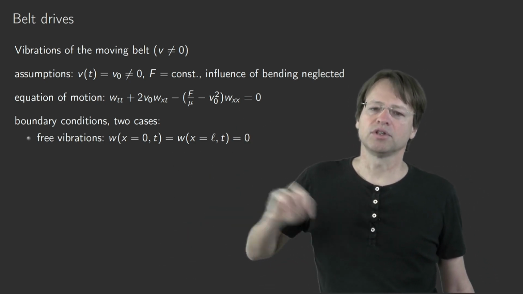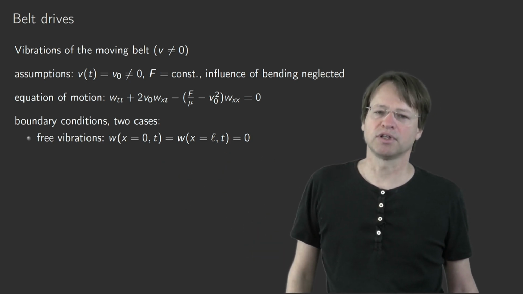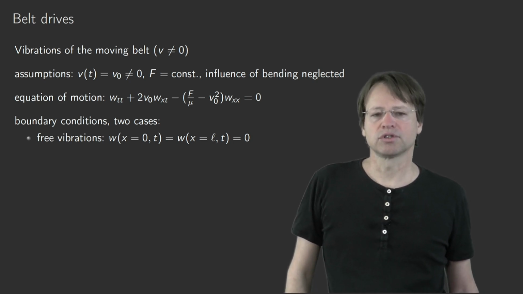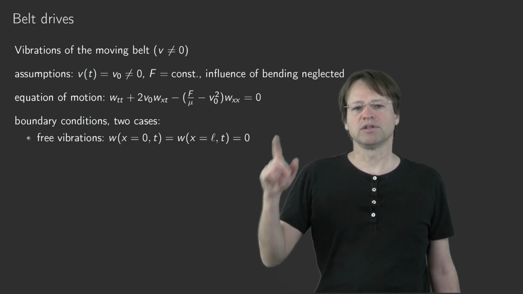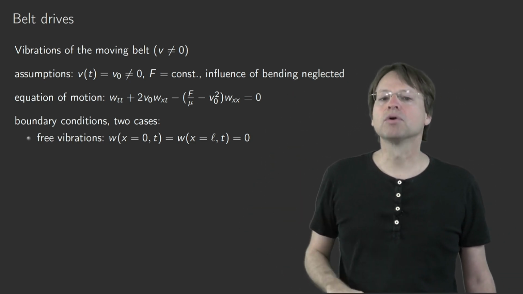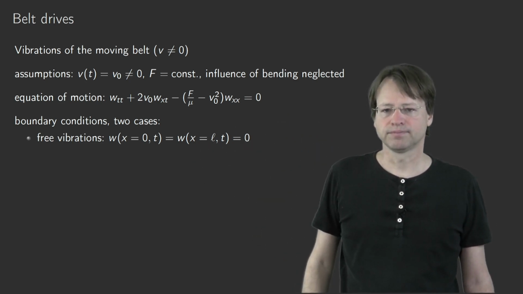Therefore, we need only two boundary conditions, and the no displacement boundary conditions are already enough. There are no boundary conditions for the bending torque, because we are not dealing with bending anymore. So this would be the corresponding boundary conditions to what we studied in the last video.